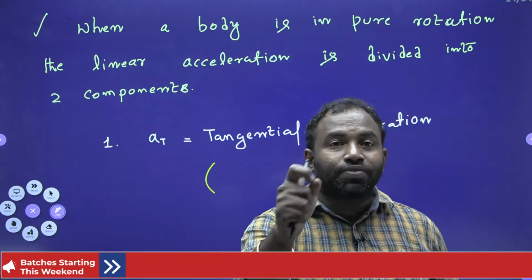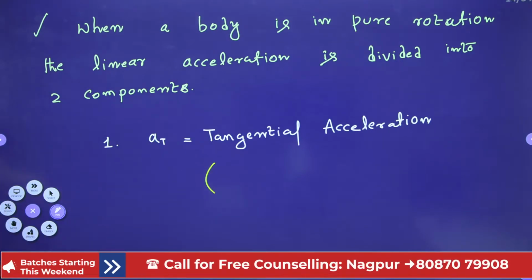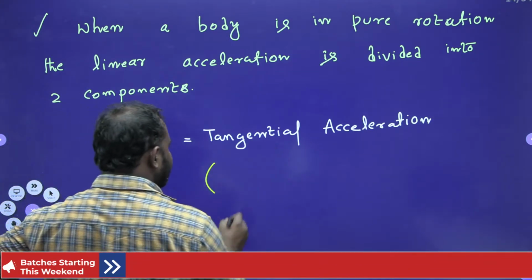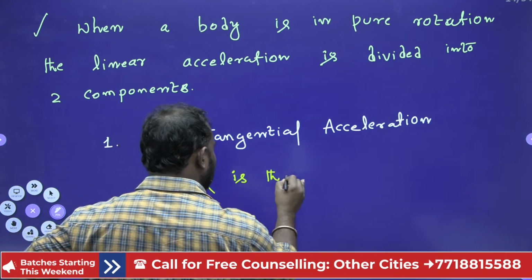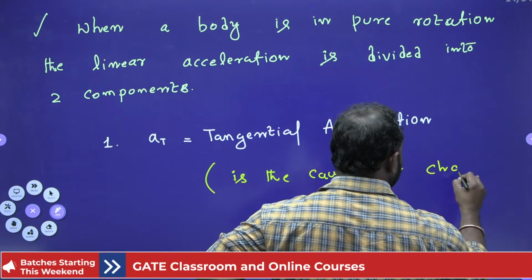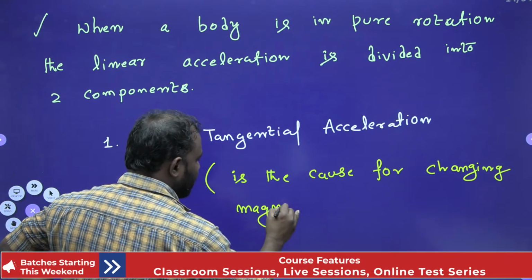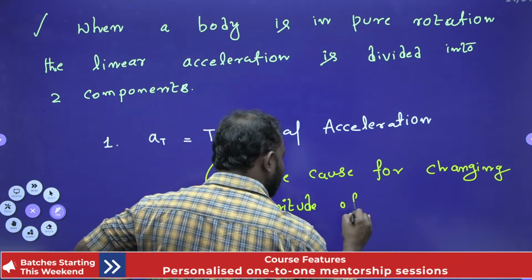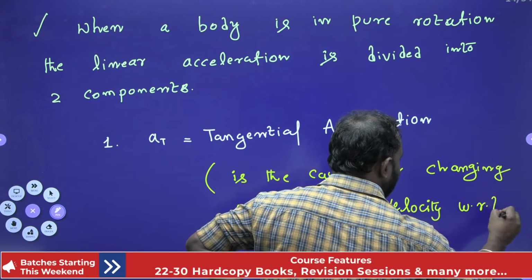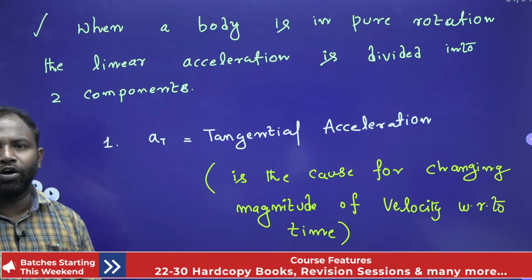Tangential acceleration is the cause for changing the magnitude of velocity with respect to time. Clear everybody? I hope everybody understands.